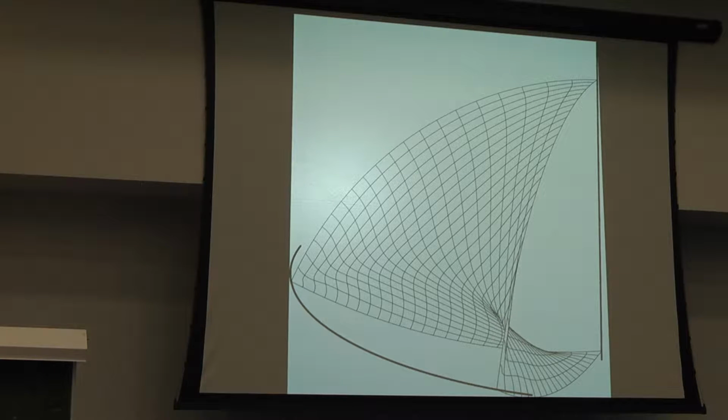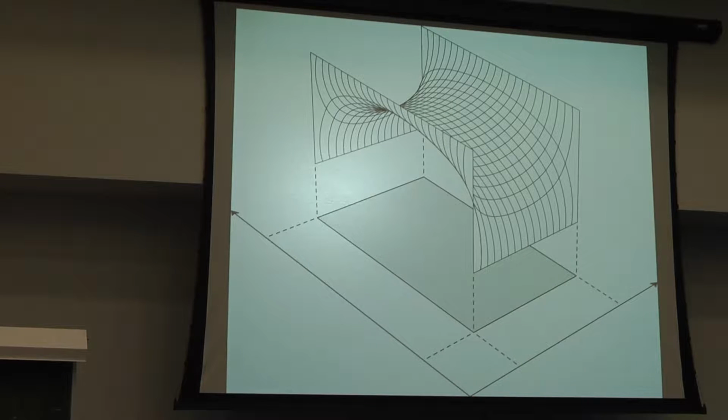So the first picture is in coordinates theta, phi, tau, of the join. Yes?